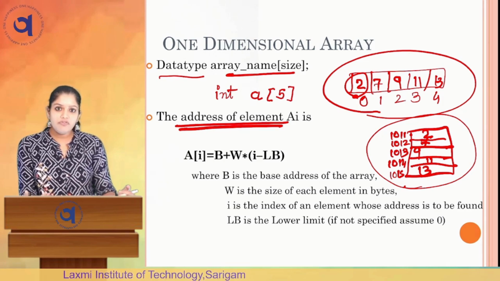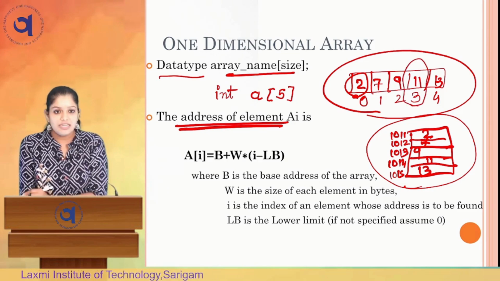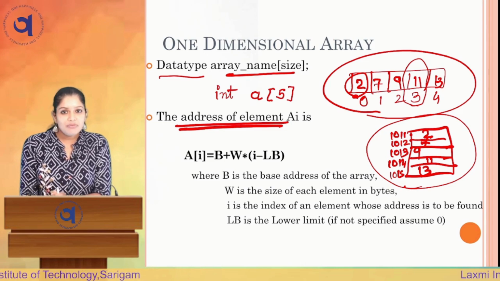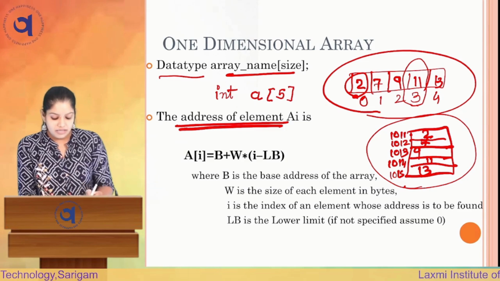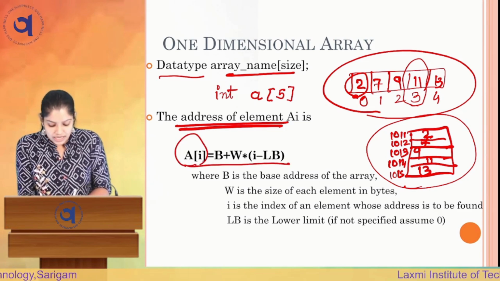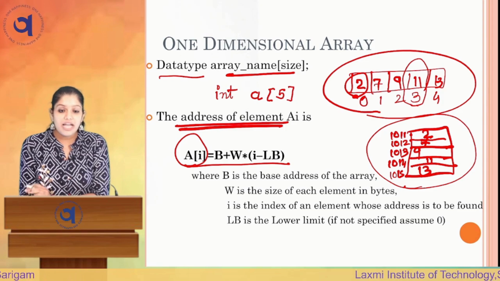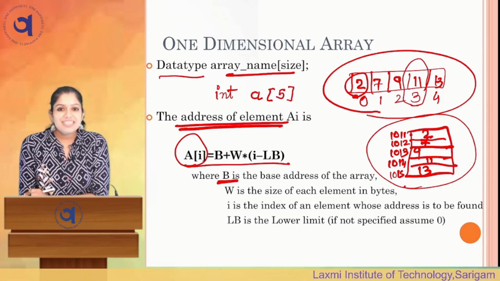So, let us say for this 11, we know that it is stored at index 3, but you do not know at which actual physical memory location it is stored. If you want to find that, here is the formula: A of I is equal to B plus W into (I minus LB), where B is the base address of the memory.